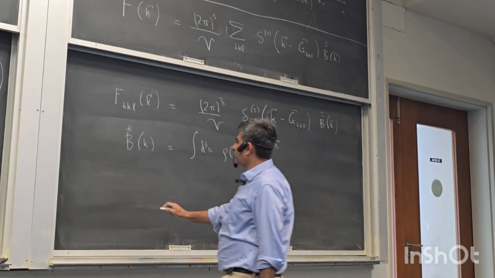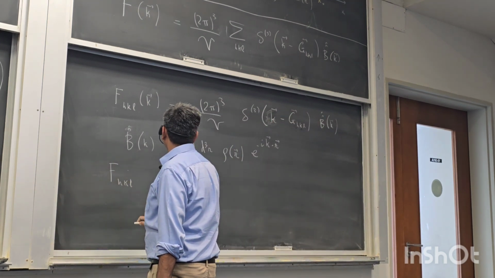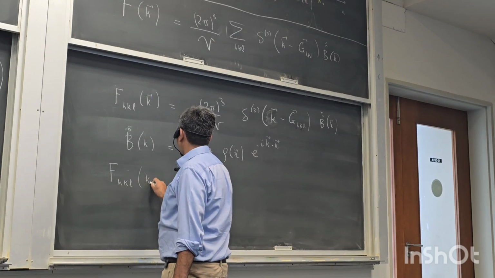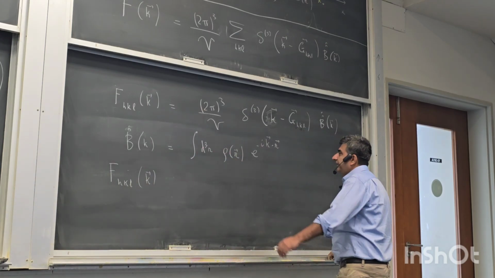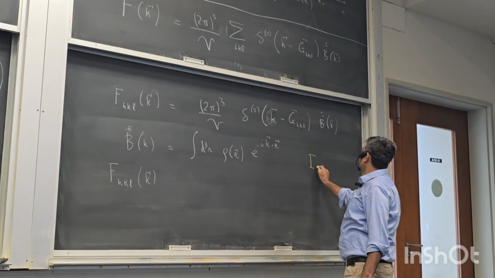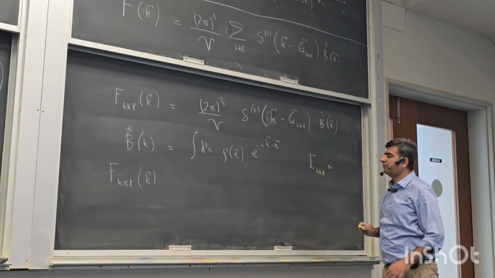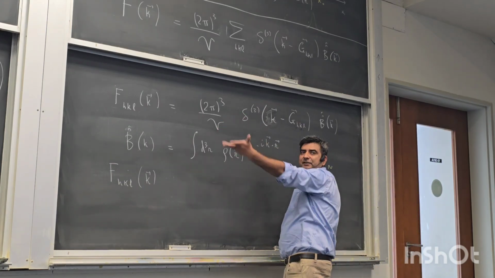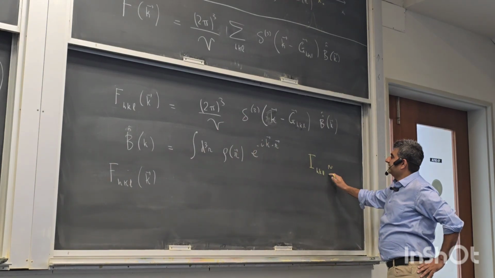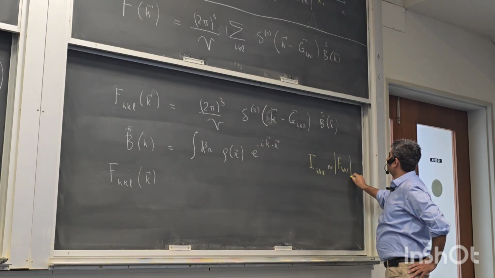So what is my F HKL, the structure factor? And by the way, do keep at the back of your mind that the intensity of a peak I HKL is proportional to, up to some factor, I mean, we have all kinds of factors that will come in, is proportional to F HKL mod squared.